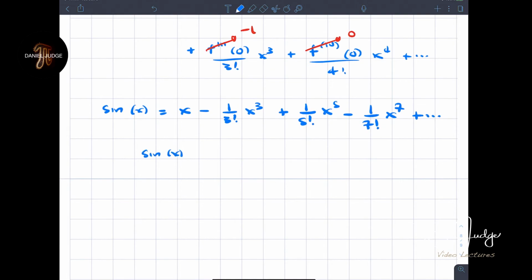And we can very easily say here, well, we got factorial. We can say x to the 2n plus 1 over 2n plus 1 factorial. And I guess we have to start that when n equals 0.